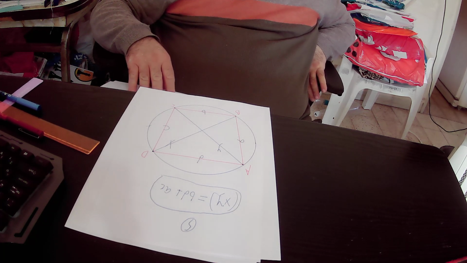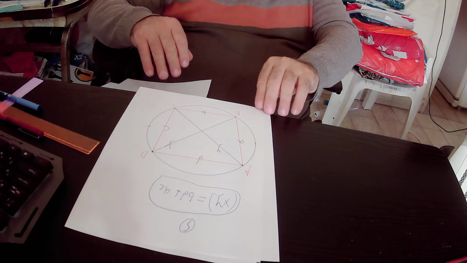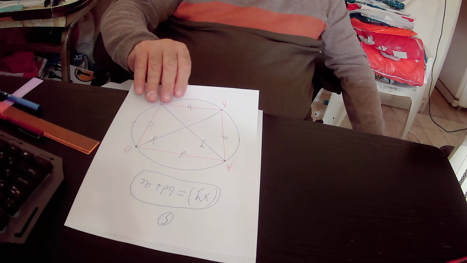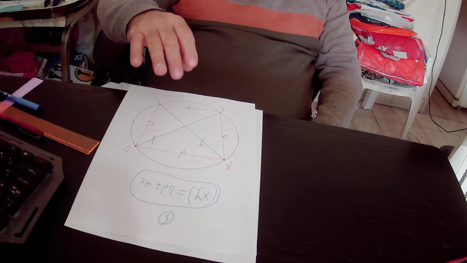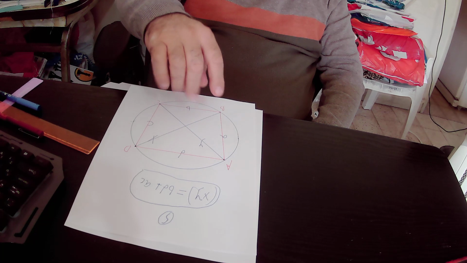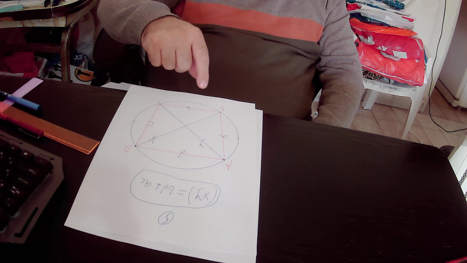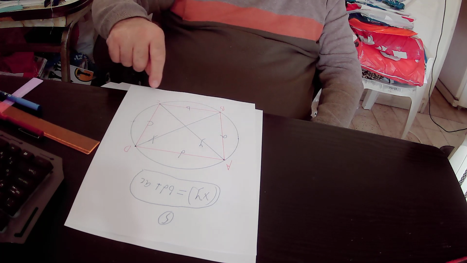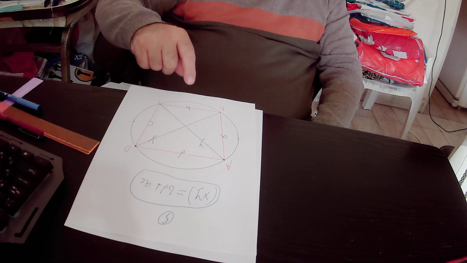So, according to rule number 2, if a quadrilateral is inscribed in a circle like this, quadrilateral ABCD inscribed in this blue circle, then the product of its diagonals is x times y, and that product equals the sum of the products of its opposite sides.